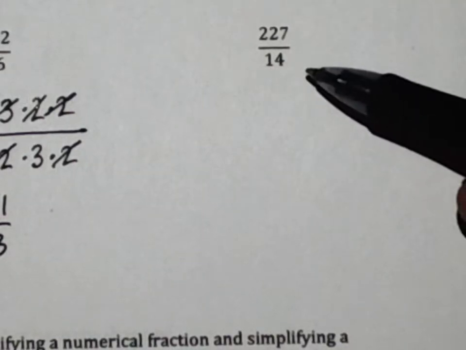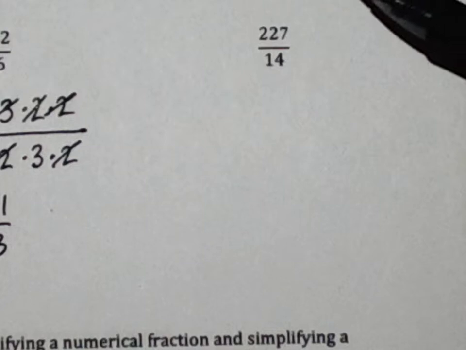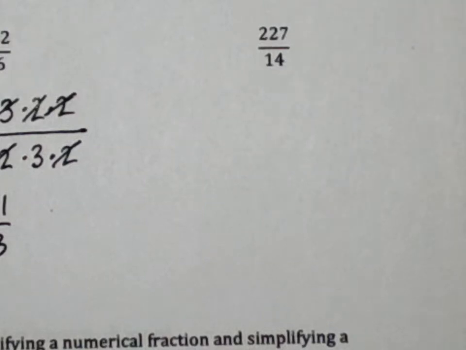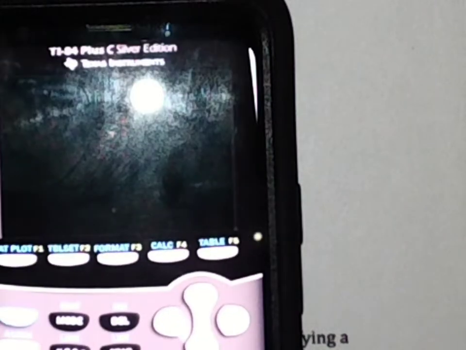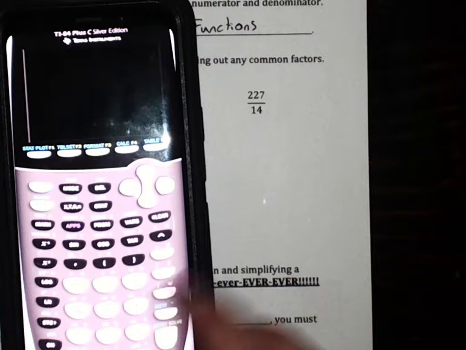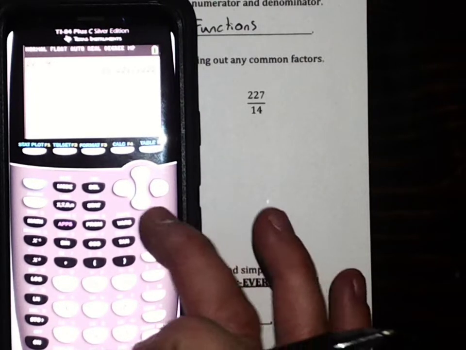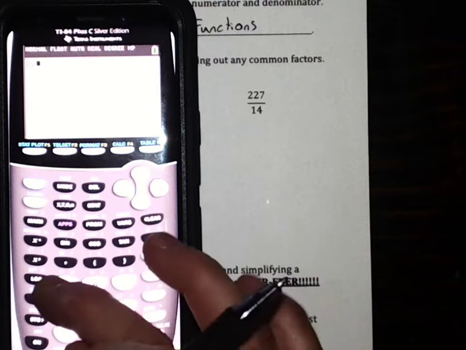Now here's the problem. 227 is already prime. Wait, hold on. Is it already prime? Let's take out our calculator here. I know that's a little hard to see for you guys. Okay, but 227, I believe it is prime.